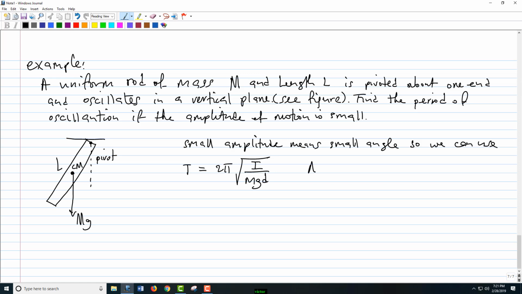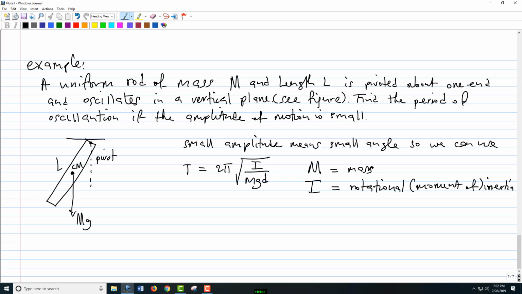And so the things we need now are the mass m, which is given to us. D is the distance from equilibrium, and we are given that, so we won't worry about that. The next thing we need to find is the rotational inertia I, also called moment of inertia.